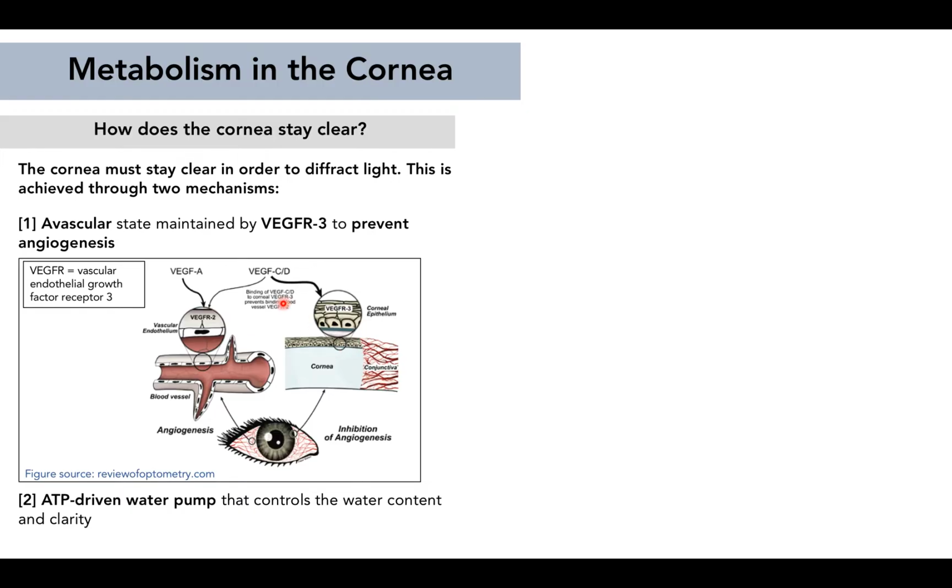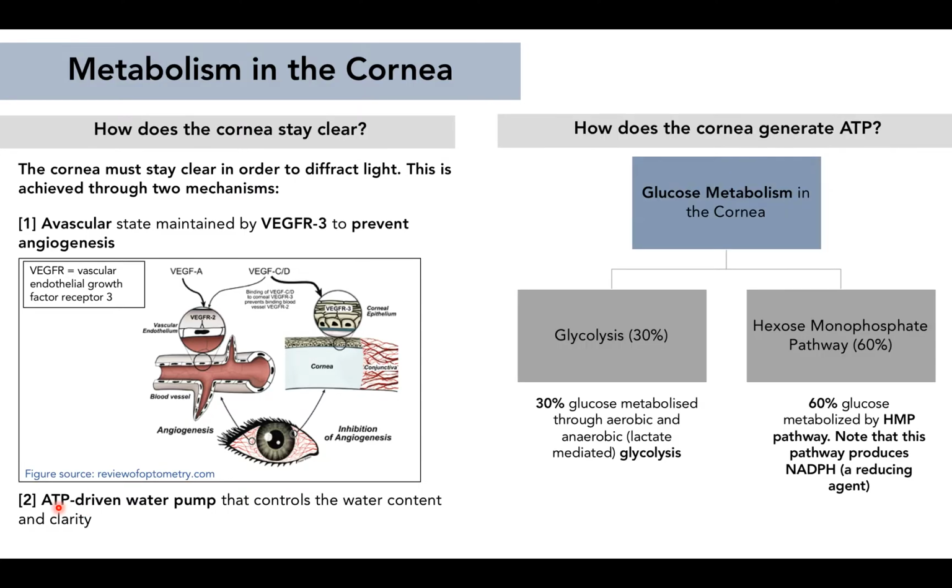Whereas if we don't have VEGFR, then this can lead to the formation of blood vessels, or the process of angiogenesis. The second mechanism is that it uses an ATP-driven water pump to control the water content and clarity in the cornea. Because it's ATP-driven, we ask the question, where does the cornea obtain ATP from? Basically, the cornea generates ATP through glucose metabolism using two main processes, glycolysis and the hexose monophosphate pathway.